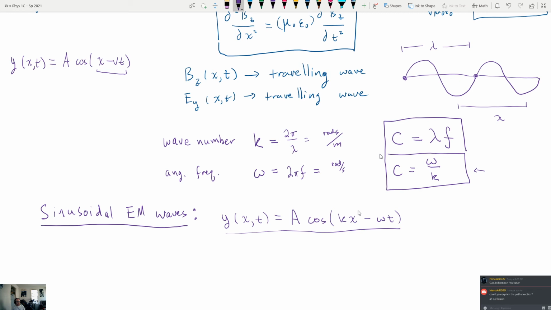Okay, so we're going to apply this same type of solution to our electromagnetic waves. We knew that Ey of x and t had to satisfy the wave equation, so we can just replace the amplitude here with the maximum value of Ey. I'll just call it E max, since Ey max is confusing.